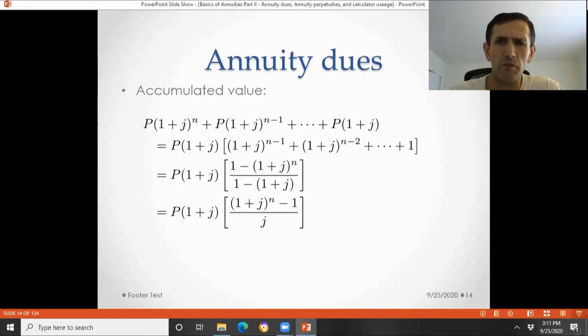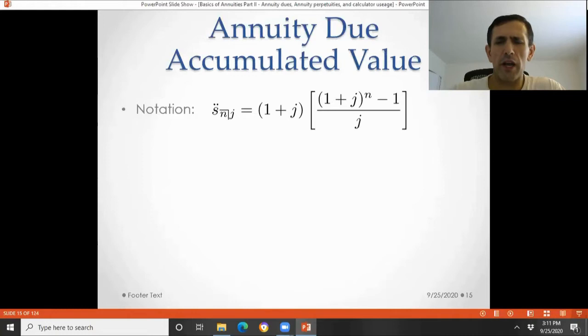Okay, and when P equals 1, we use this notation here. And I really don't know why anyone decided it would be a good idea to use double dots for annuity dues, but that's what everyone does. This is standard actuarial notation, so we're going to stick with it.